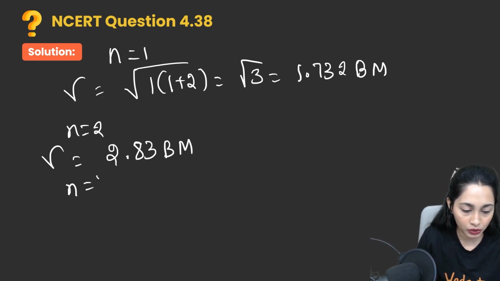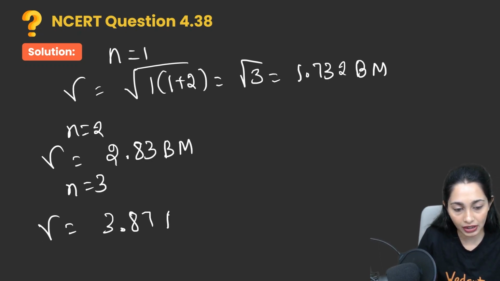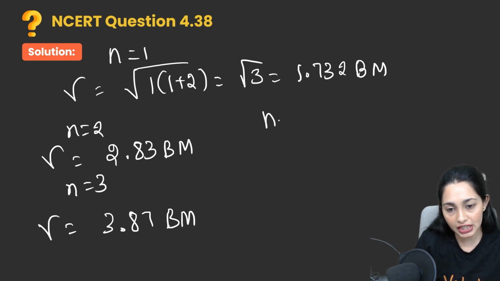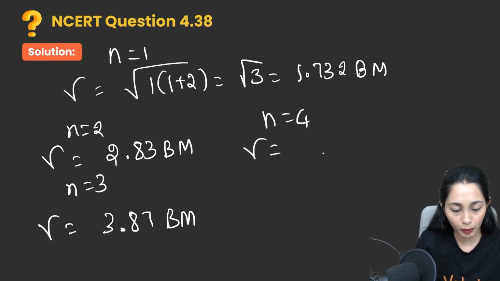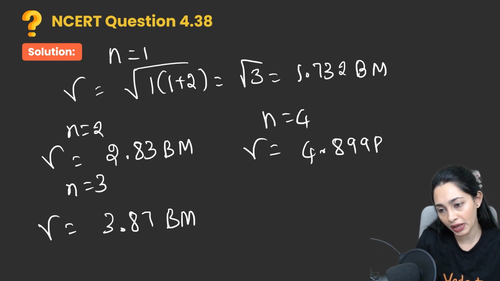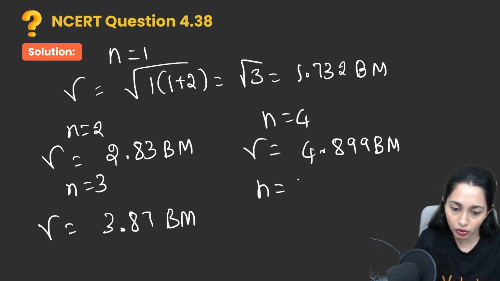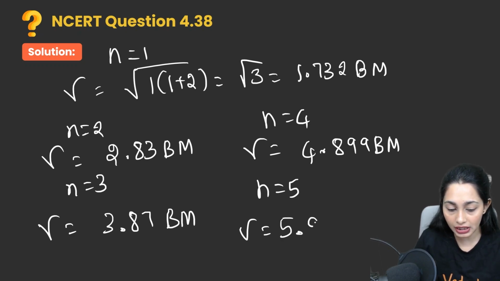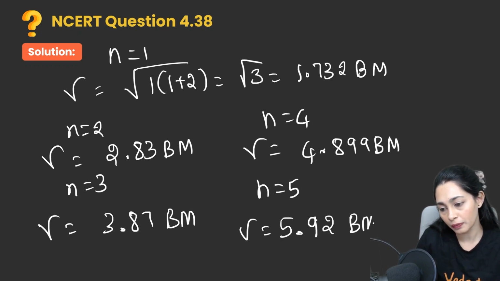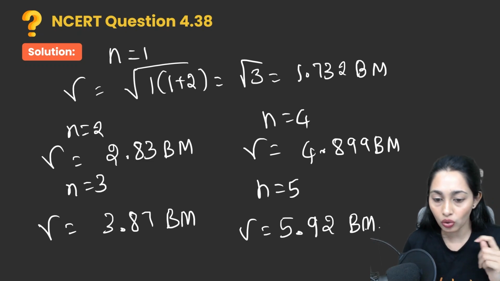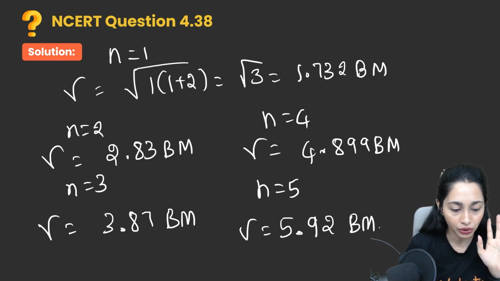If n is 3, approximately 3.87 Bohr magneton. If n is 4, 4.899 Bohr magneton. If n is 5, 5.92 Bohr magneton. So we already know till n is equal to 5.